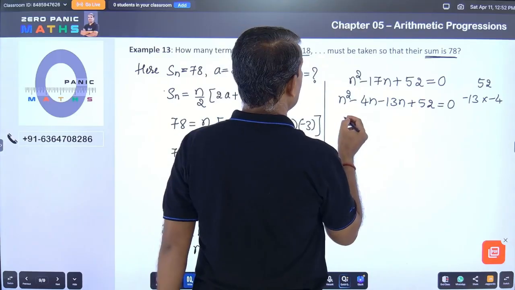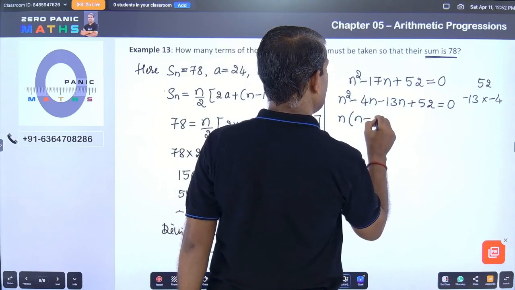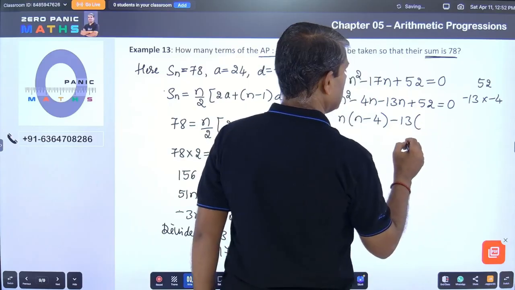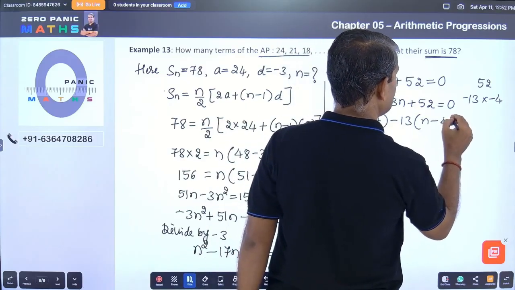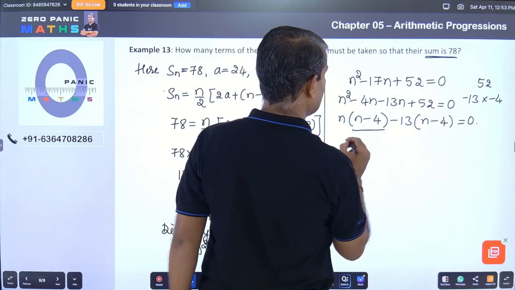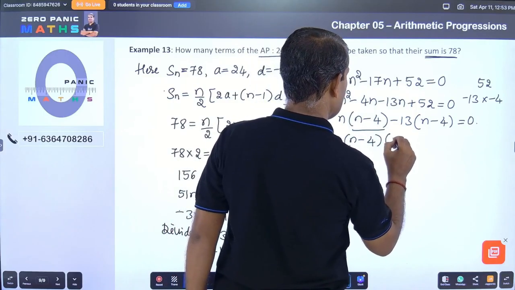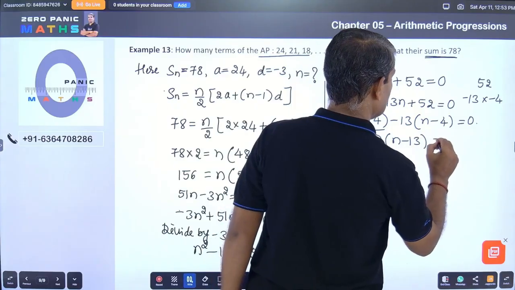Now take n common, it will be n minus 4. Take 13 common, it will be n minus 4, because 13 4s are only 52, is equal to 0. Again, you know that the quadratic equation factors as n minus 4 common, and what remains inside is n minus 13 is equal to 0.